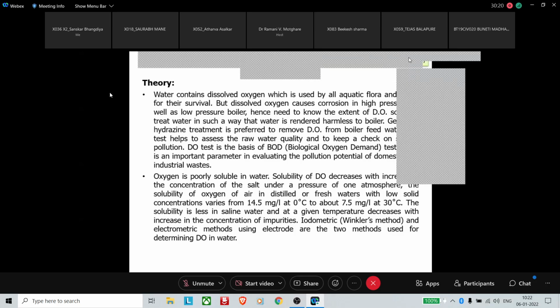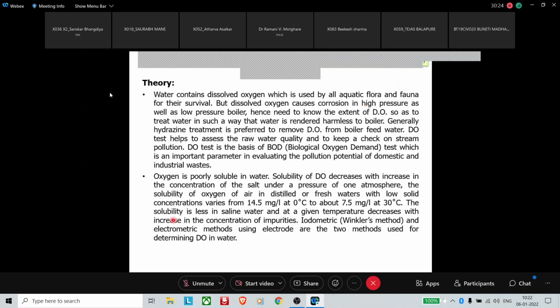What is stream pollution? Stream pollution is like you have a number of rivers and streams, and a number of industries. Small industries are along the river side. They will be discarding or disposing their washings and other water into the stream. So that is stream pollution.